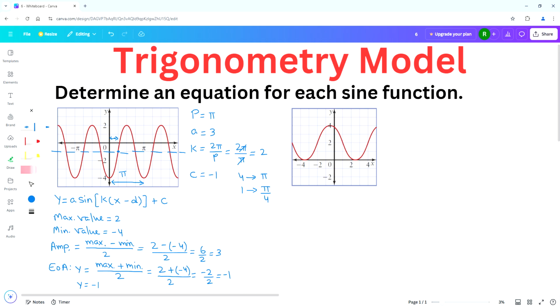That means the phase shift in this case is pi over 4 units to the right side. And since the phase shift is to the right side, d value is positive. So the value of d is pi over 4.